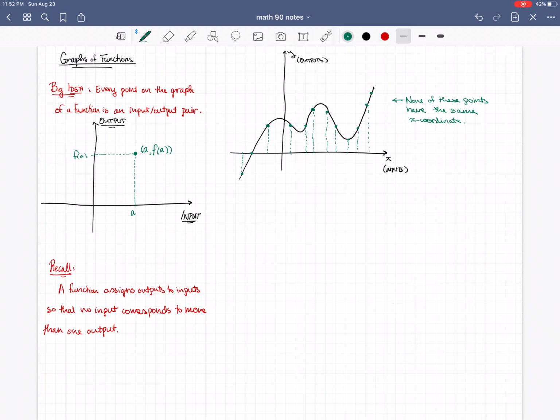So every single one of these points is a different input corresponding to some output. Now, I'm not going to make the dotted lines because my picture will get very claustrophobic, but I want you to notice that they don't all have different y coordinates.